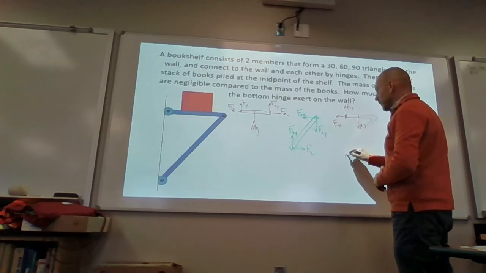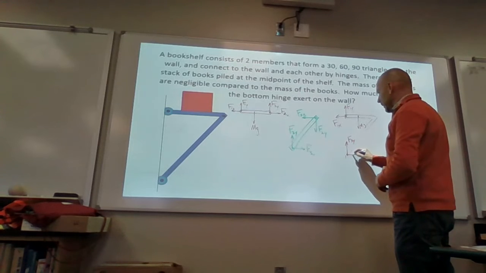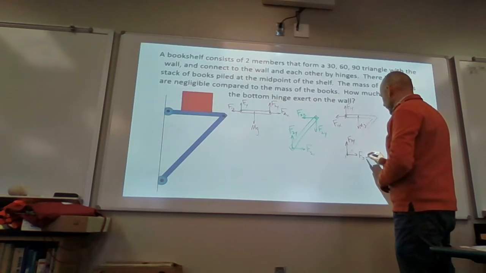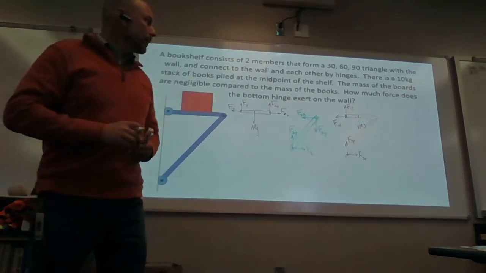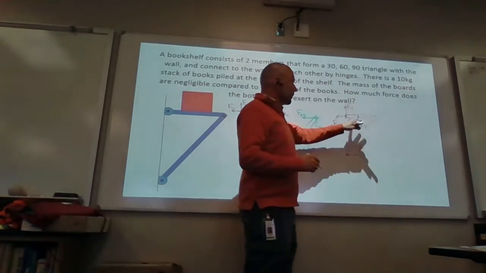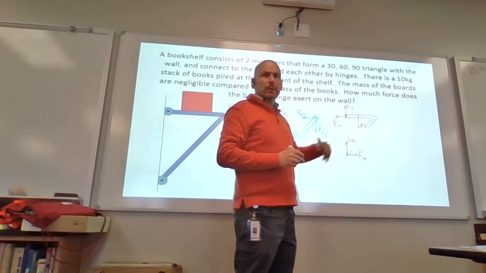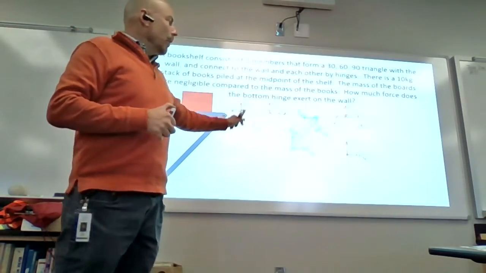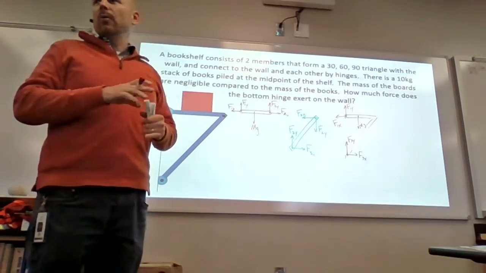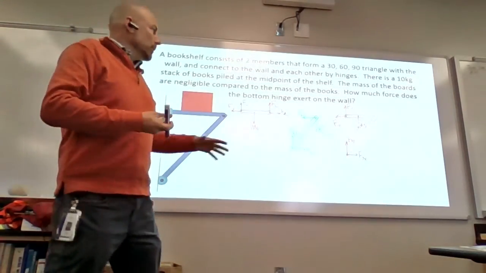Here you have F3y and F3x. And you can do the sum of the forces in the x and the y directions, and the sum of the torques is all equal to 0. Now, all those systems of equations, you've got way more than you need, but those are all legitimate.